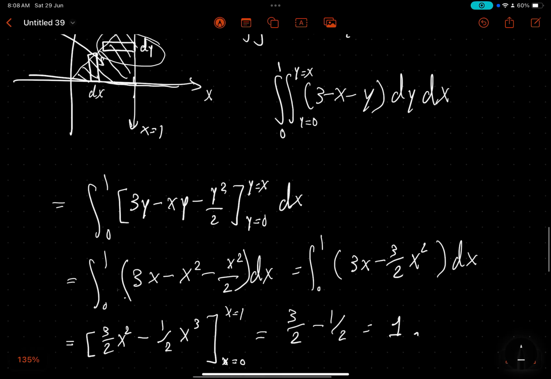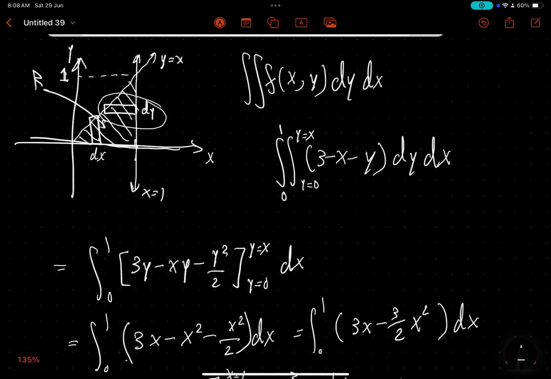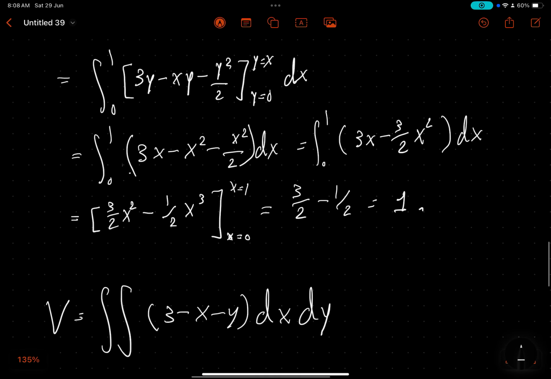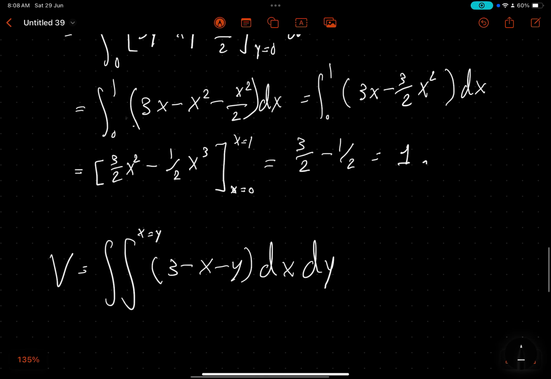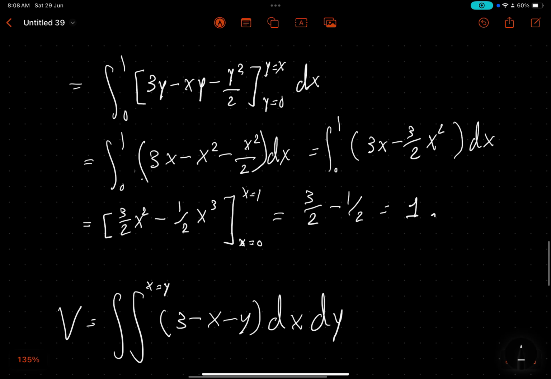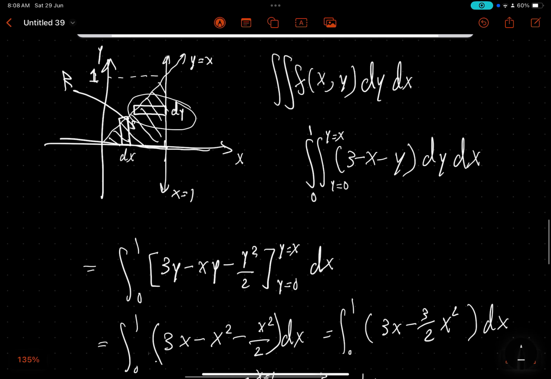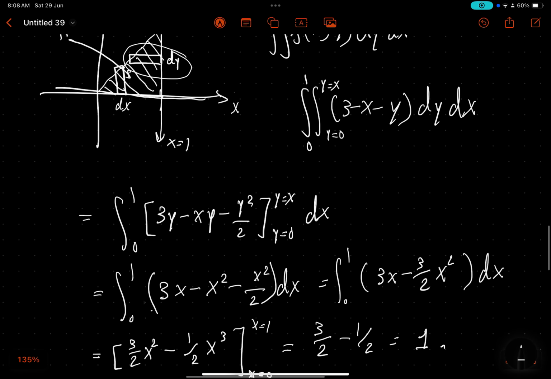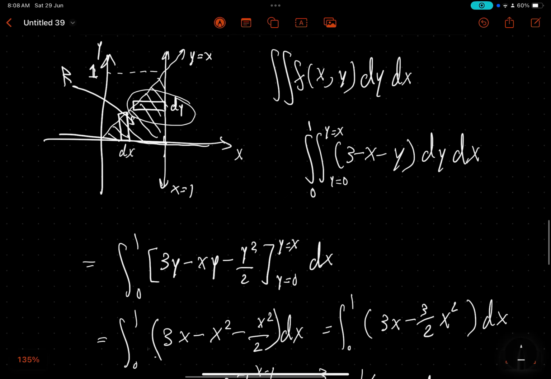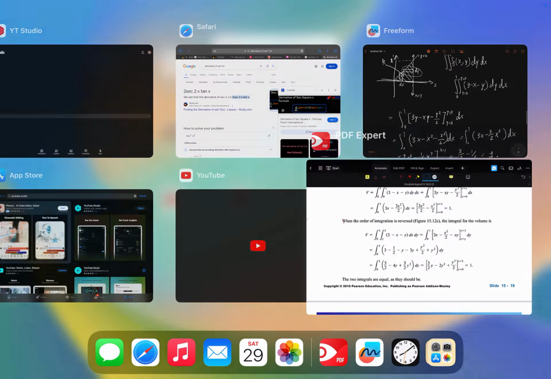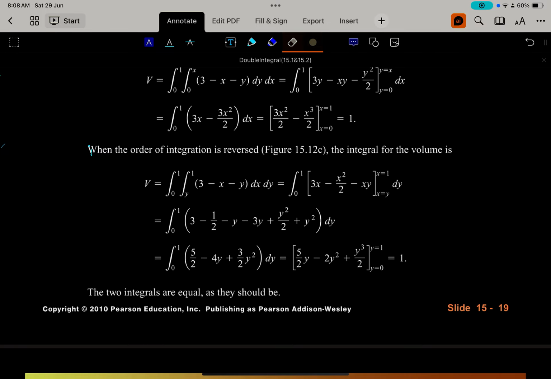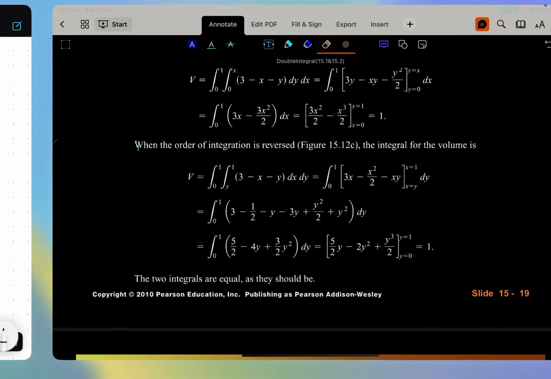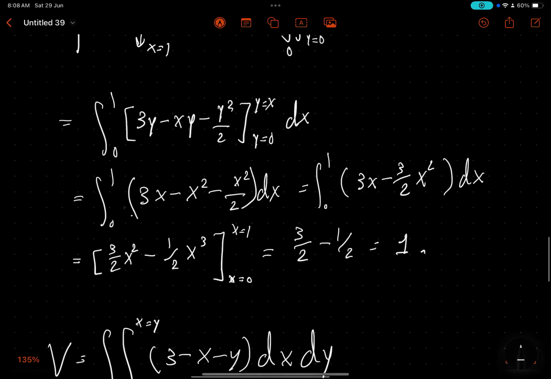So for dx, what are the limits going to be? The limits are going to be x equals y. Is this the upper limit, or is it the lower limit? It is the lower limit.